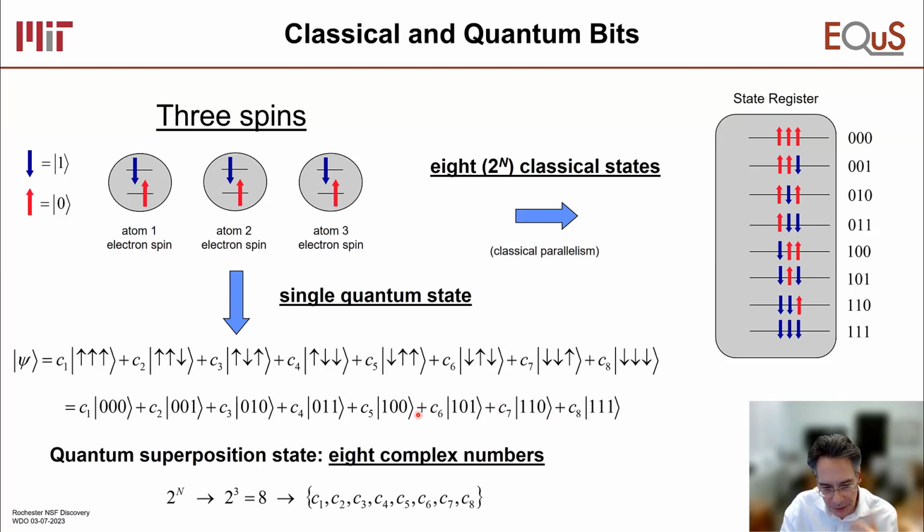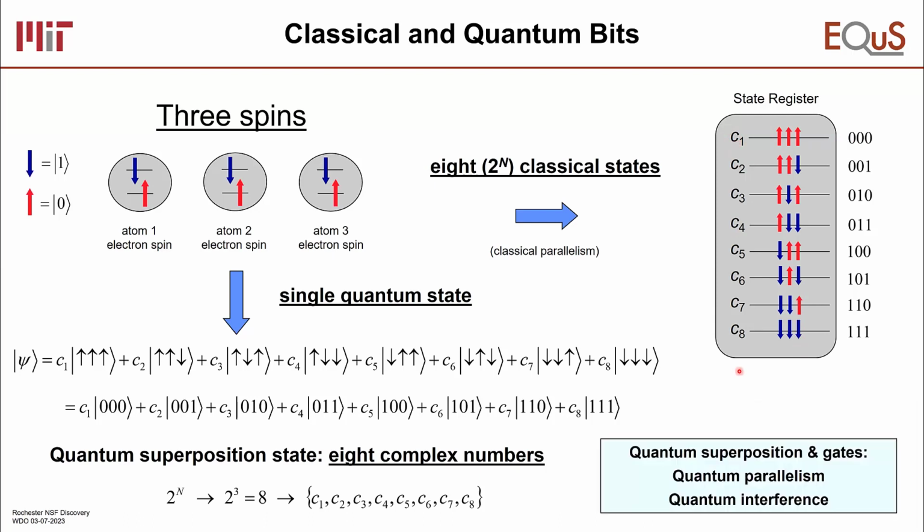And again, I want to emphasize that these are in principle complex numbers, and we need 2 to the n, or 8 of them in this case, to represent our single quantum mechanical state. And I'll keep harping on the fact that there's a single state that has 8 aspects. So we can think of this state space now as a quantum state space where each of these aspects that make up our single quantum state has a weighting coefficient C1 through C8.